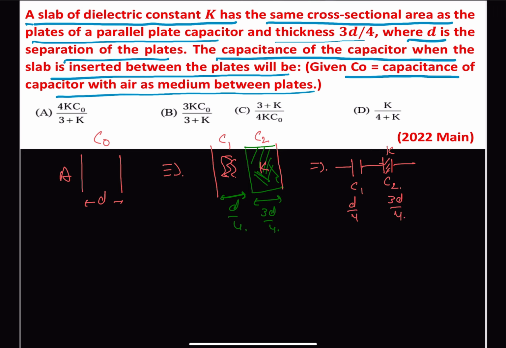So we can write C1 will be equal to epsilon A upon d by 4, and C2 is equal to K epsilon A divided by 3d by 4.